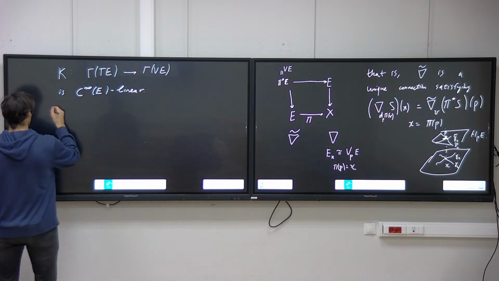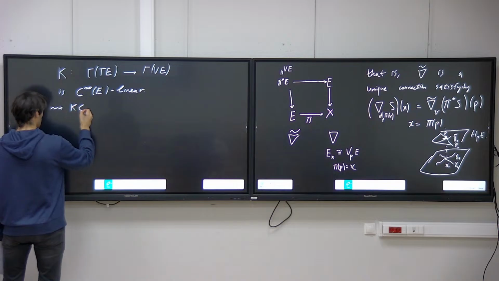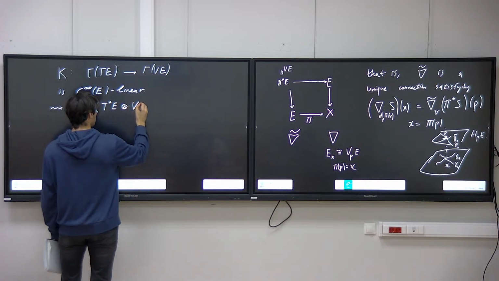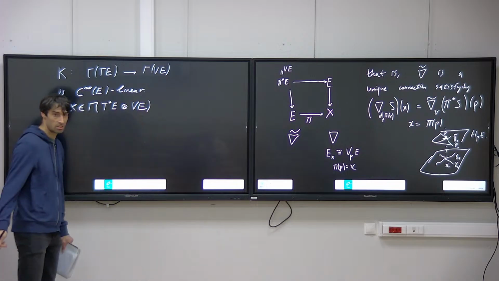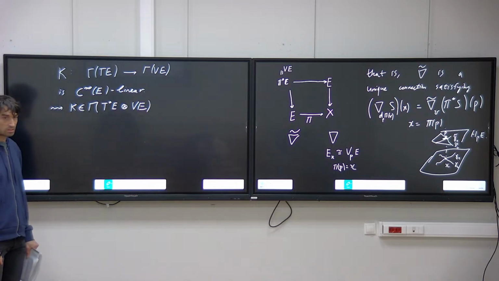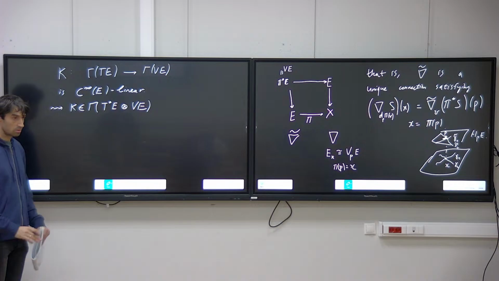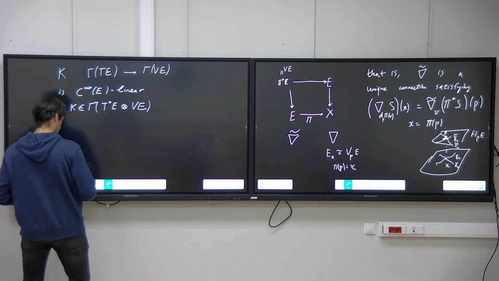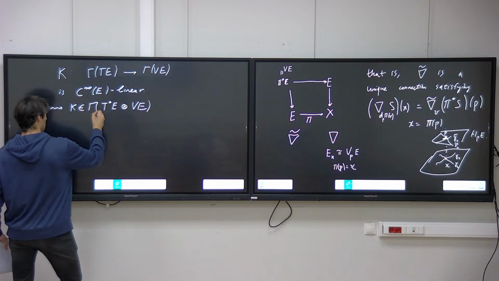So therefore, I can think of it as a section of T star E tensor VE. So I know that if it's C infinity linear, then, sorry, it's not phi, it's just gamma of this.